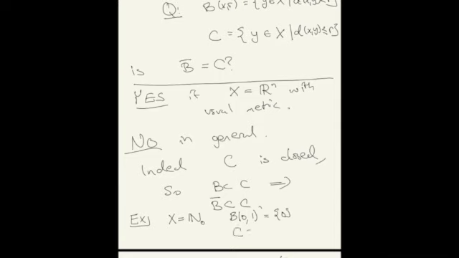My C would be equal to {0, 1}, but B bar, because a singleton is closed, would just be {0}. So in this case, we would have that B bar is contained in C, but not equal.